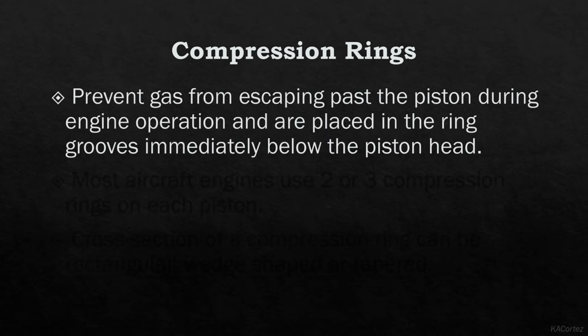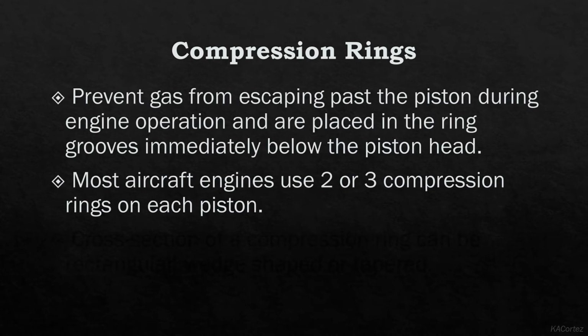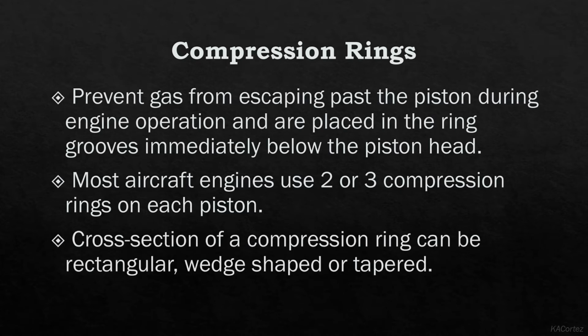Compression rings prevent gas from escaping past the piston during engine operation and are placed in the ring grooves immediately below the piston head. Most aircraft engines use two or three compression rings on each piston. The cross-section of a compression ring can be rectangular, wedge shaped, or tapered.